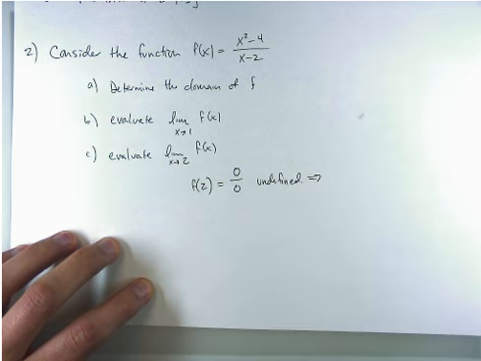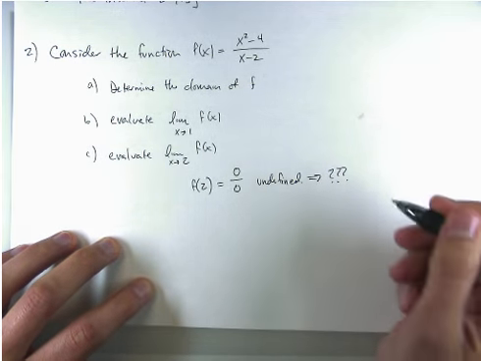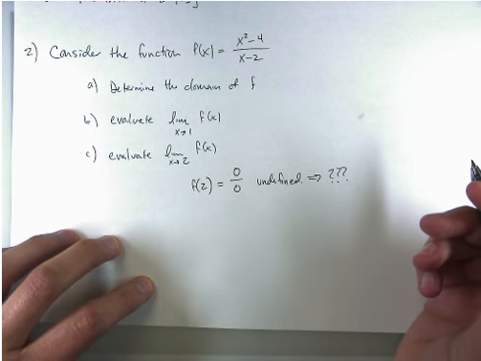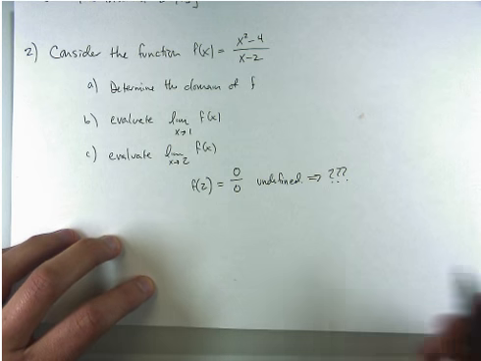The result here is that we don't know what happens. The limit is indeterminate to us based on continuity. That doesn't mean that it doesn't exist.